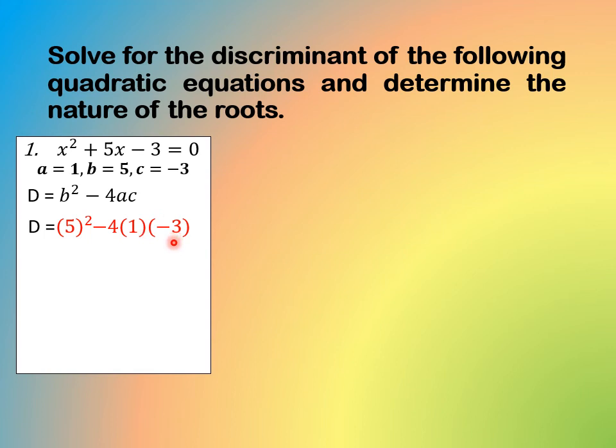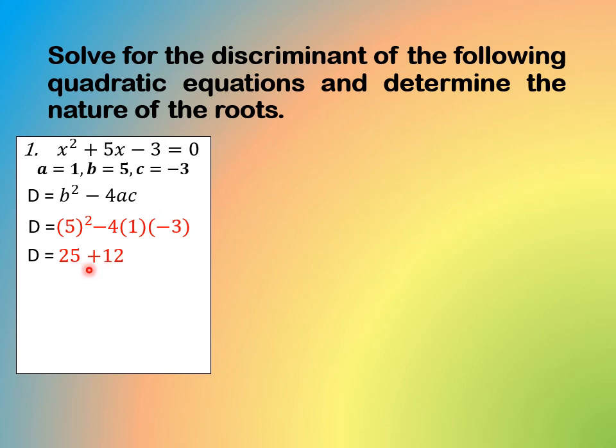Okay, so let's evaluate now. So what is 5 squared? Okay, that is equal to 25. Next, negative 4 times 1, that is equal to negative 4 times negative 3, that is equal to positive 12. Okay, so we have 25 plus 12.